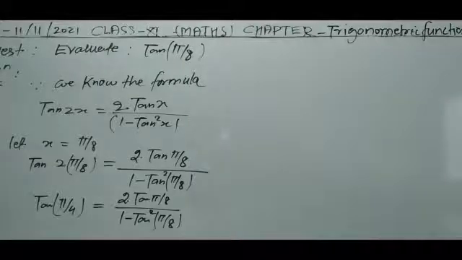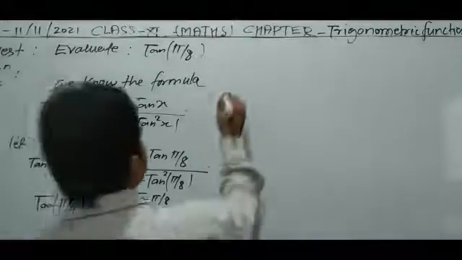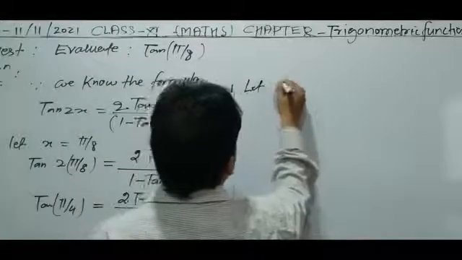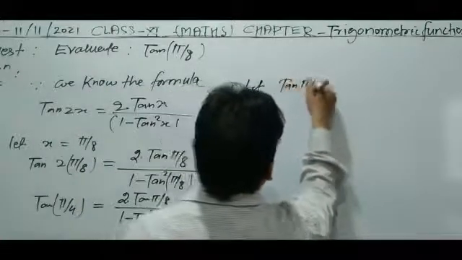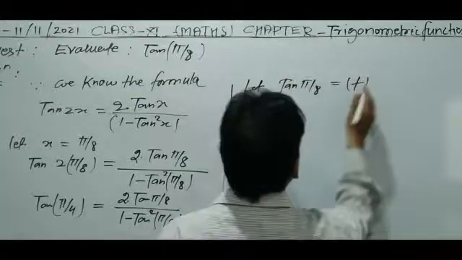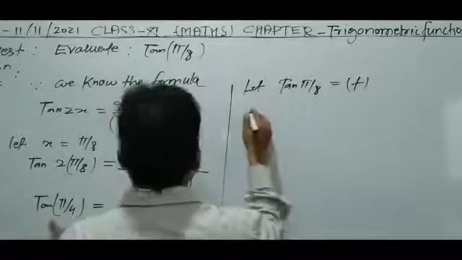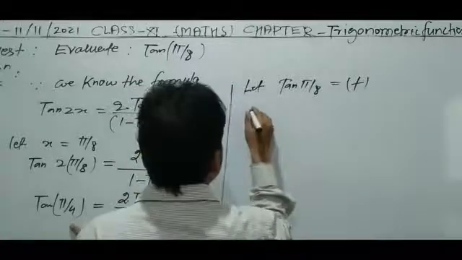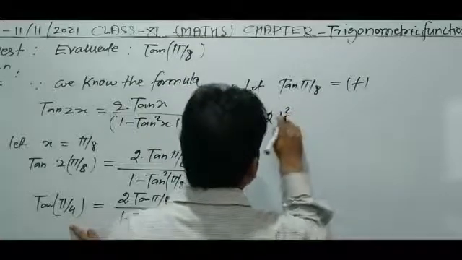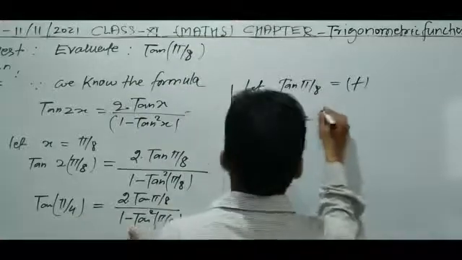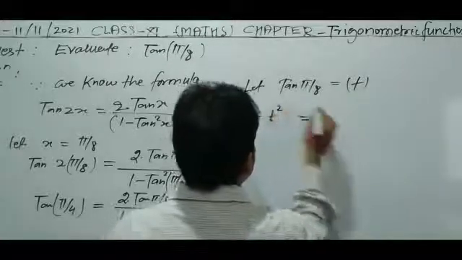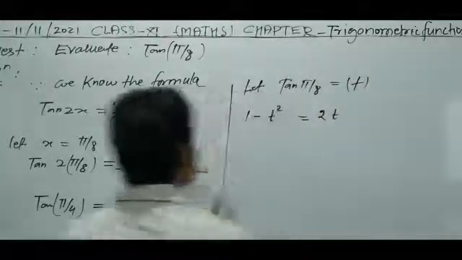Now let tan pi by 8 is equal to t. So this result will be 2t upon 1 minus t square is equal to 1. This is 1 minus t square is equal to 2t.